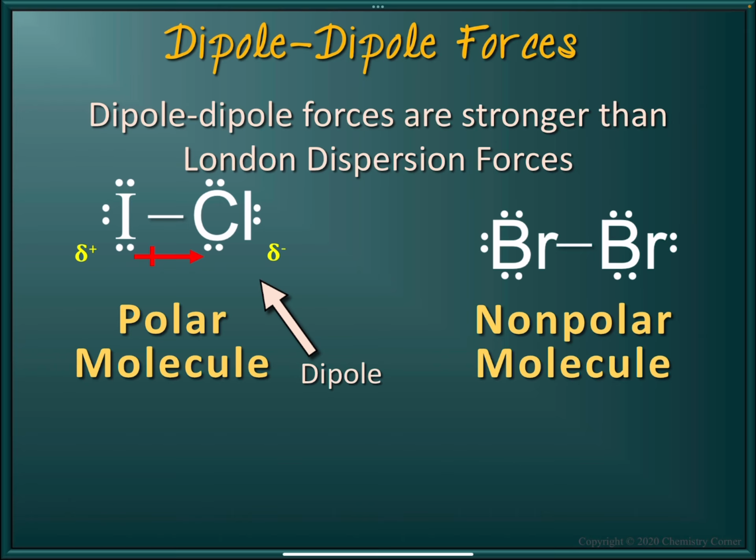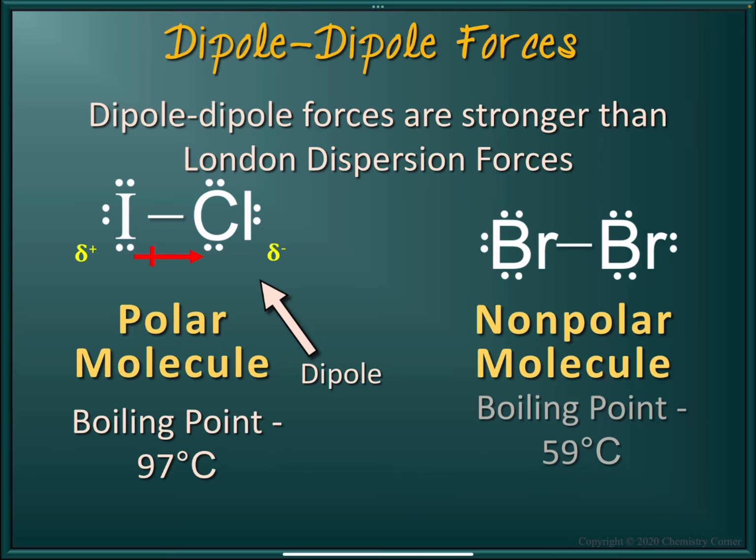So therefore, the boiling point of the ICl is going to be much higher than the Br2 because it has stronger intermolecular forces, because it has the dipole-dipole interaction. Okay, so you can see that the stronger intermolecular force of dipole-dipole gives it a higher boiling point.